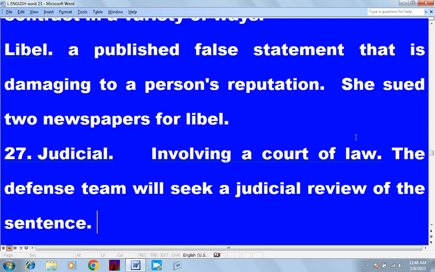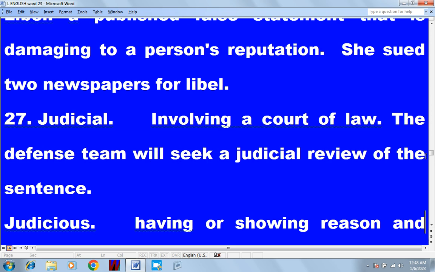Number 27, judicial: involving a court of law or pertaining to law. The defense team will seek a judicial review of the sentence.